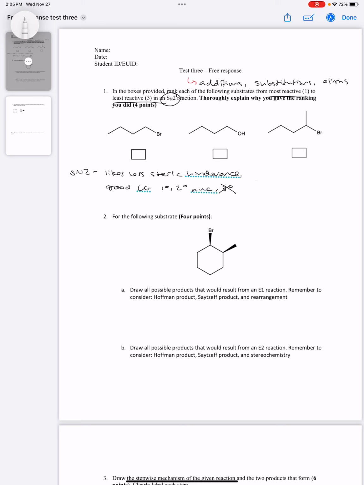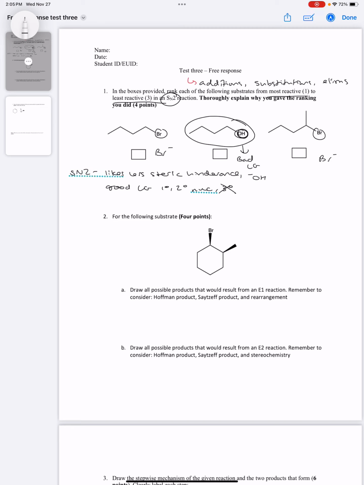So the first thing I notice here, actually before I notice anything else, is this OH. This OH right here is a bad leaving group because when it leaves, it becomes OH minus, which is pretty reactive. Whereas Br minus is less reactive.